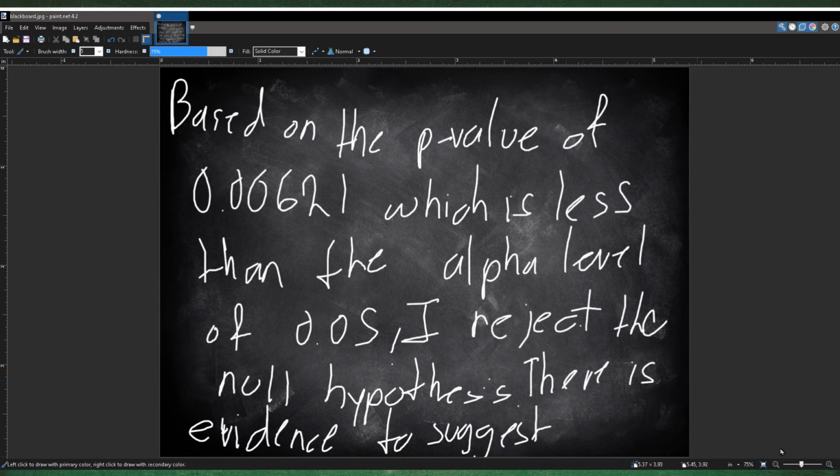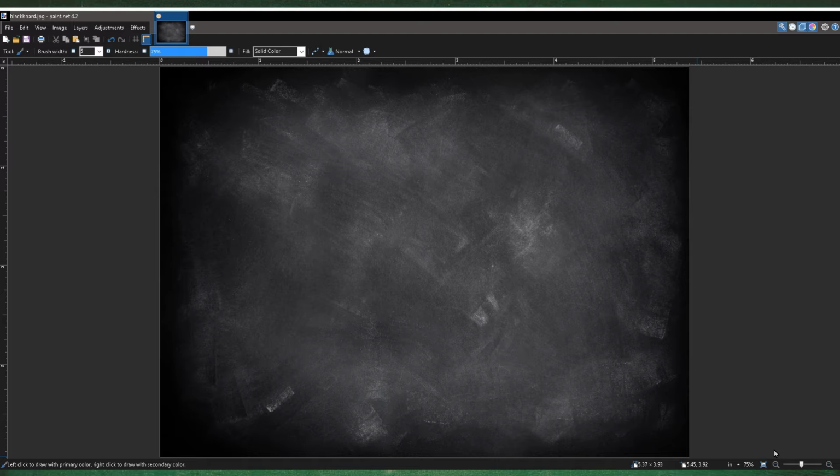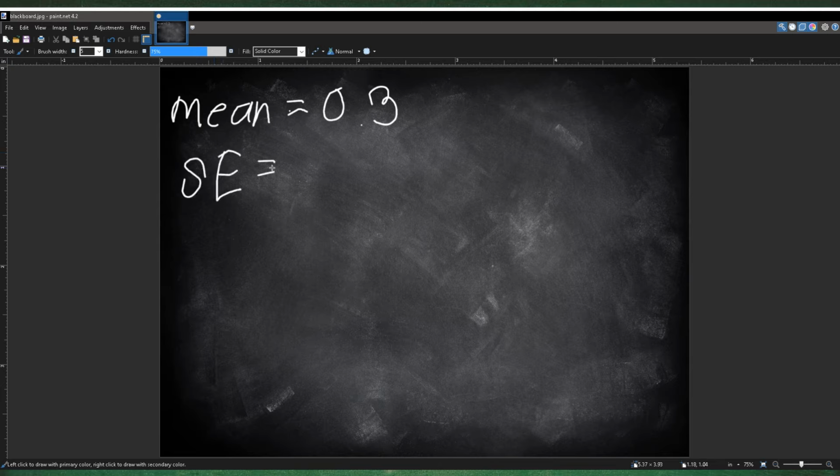And then if they ask you to follow up with a confidence interval, okay? So your mean right now is your p hat. So your p hat would just be 0.3, and your standard error is equal to the square root of p hat times q hat, which is 0.3 times 0.7, divided by 100, because that's your sample.